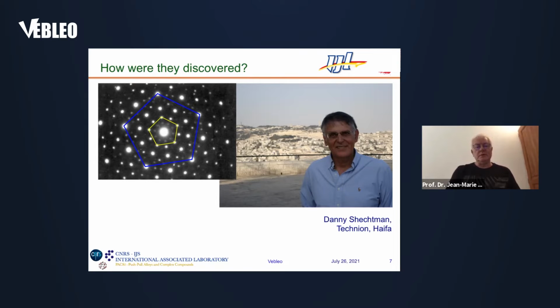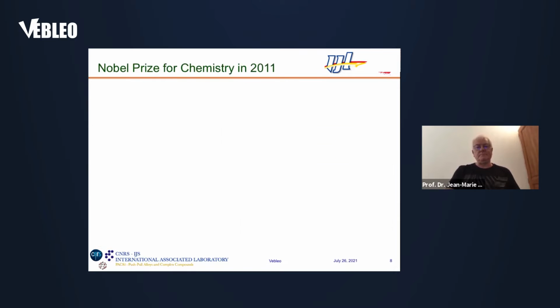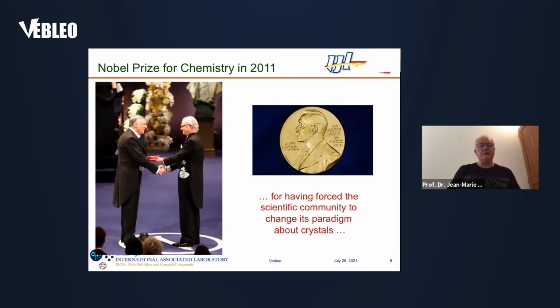And if you look in all directions, you see that it has icosahedral point group symmetry. And after quite some time, he was awarded the Nobel Prize in Chemistry for having forced the scientific community to change its paradigm about crystals.